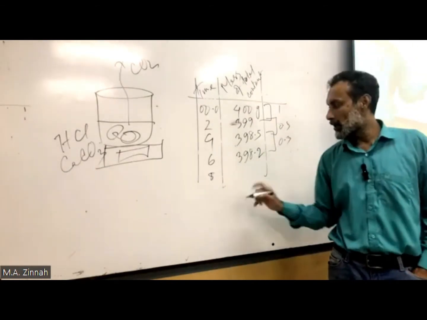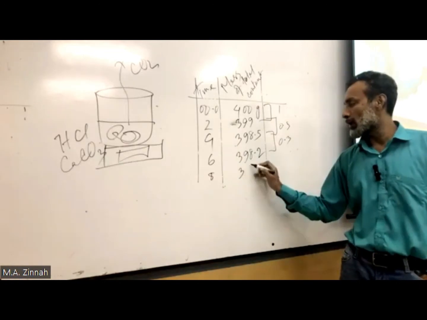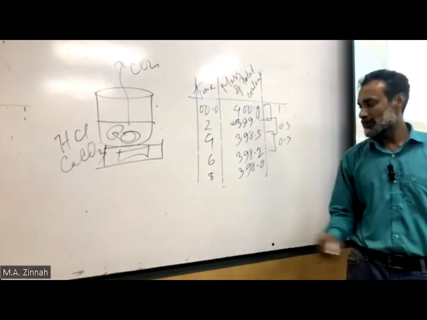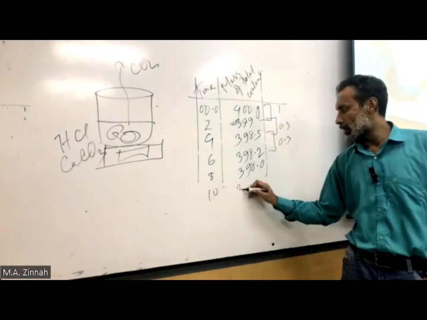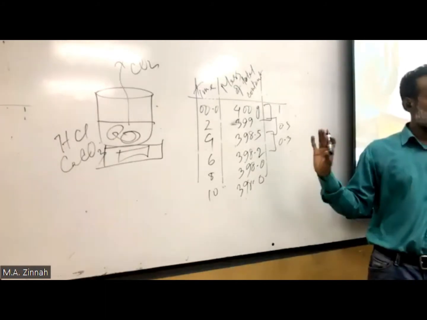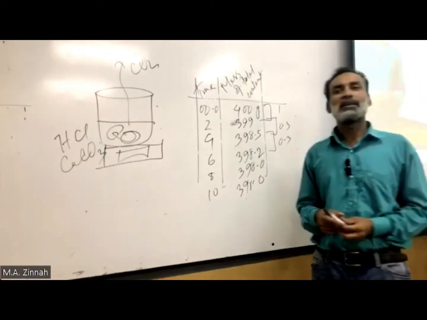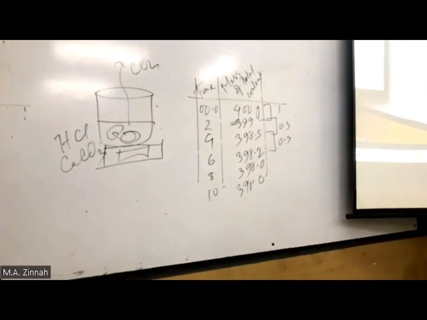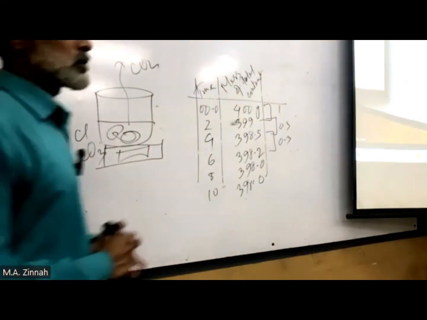Gradually after 8 minutes you get here 398.0, and after 10 minutes 398.0. ঠিক আছে, স্টেবল হয়ে গেছে, আর কমছে না. কেন কমছে না? Reaction was finished, reaction was over, right?